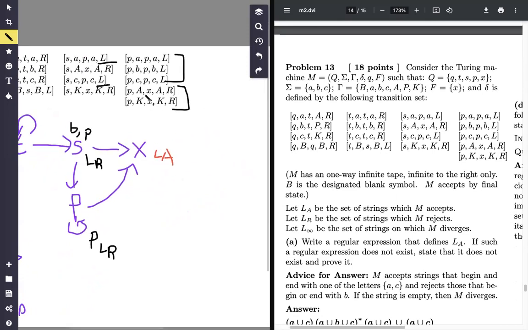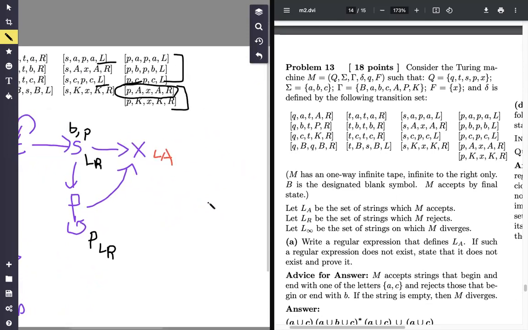Okay. What does this one do? What does this one say? Yeah, close. Good try. But you're mixing up the order.